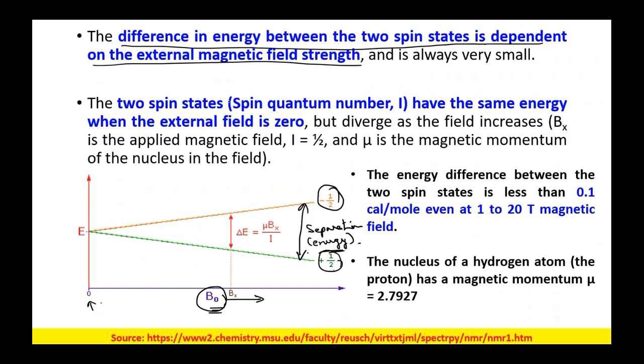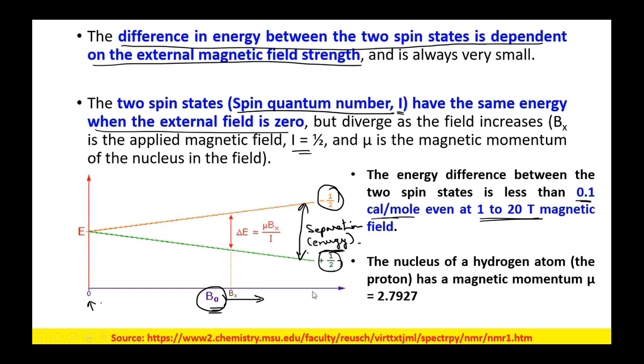The two spin states, with spin quantum number I equals half, have the same energy when the external field is zero, as I told you a few moments back, but diverge as the field increases. Here B0 is the applied magnetic field and mu is the magnetic moment of the nucleus in the field. The energy difference between the two spin states is less than 0.1 calorie per mole, even at a 1 to 20 Tesla magnetic field.